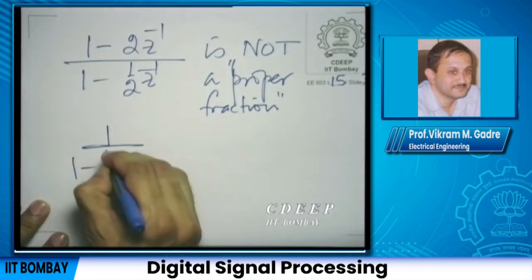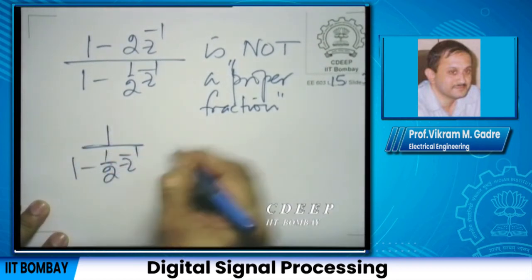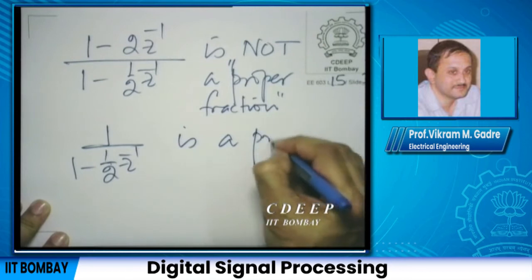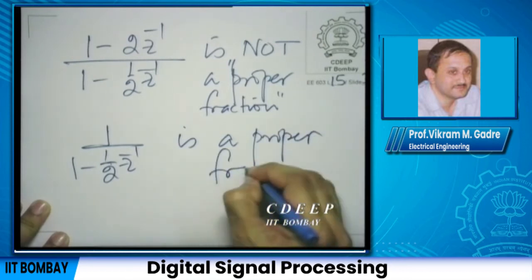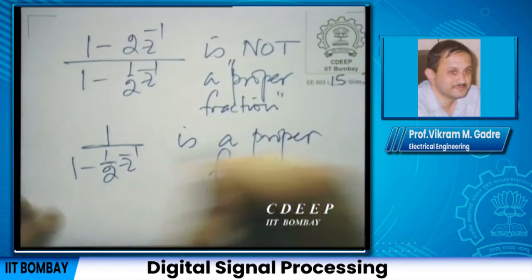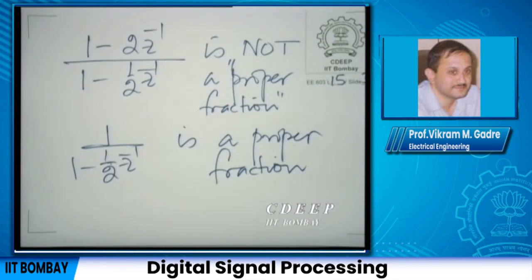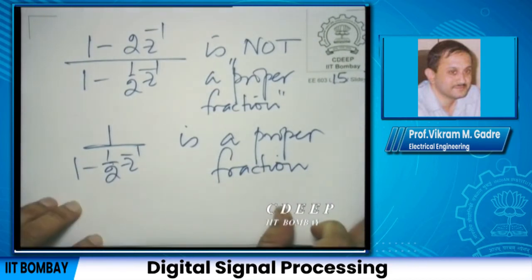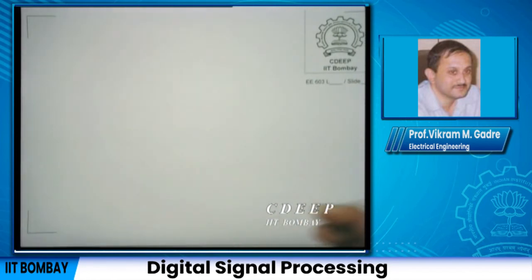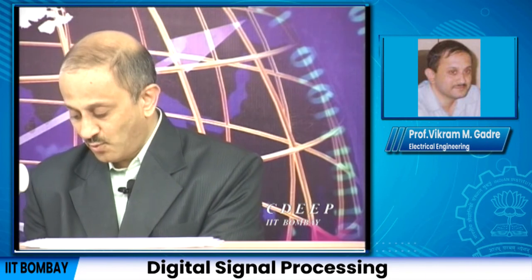One by 1 minus half z inverse is a proper fraction. One minus 2 z inverse by 1 minus half z inverse the whole squared is a proper fraction.